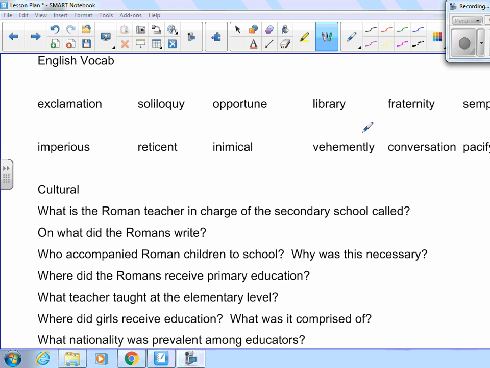That is hateful. Vehemently is violently. Conversation is two people versing, talking together. Pacify is to make peace, and sententious is an adjective describing somebody who is being overly pompous, especially whenever they're dealing with morals and morality.